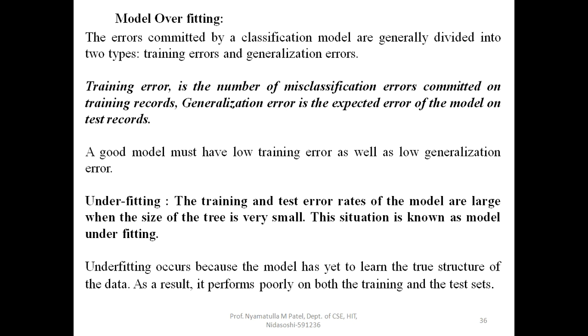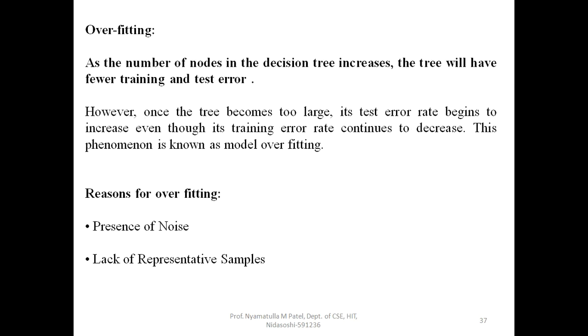Now overfitting. We saw underfitting: it occurs because of poor learning of the tree structure, so it performs very poorly on the training and test sets. In overfitting, as the number of nodes in the decision tree increases, the tree will have fewer training and test errors. In underfitting, small tree structures give more training and testing errors.